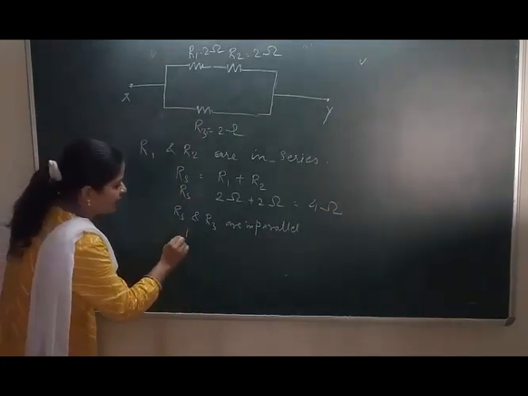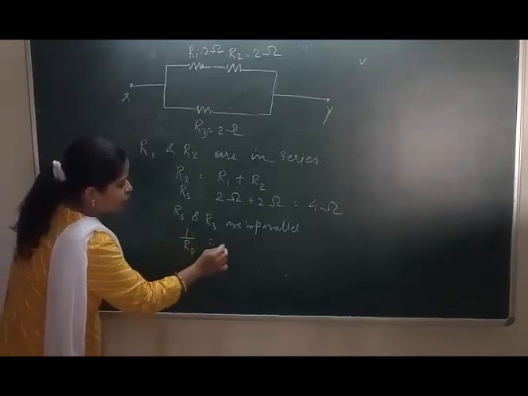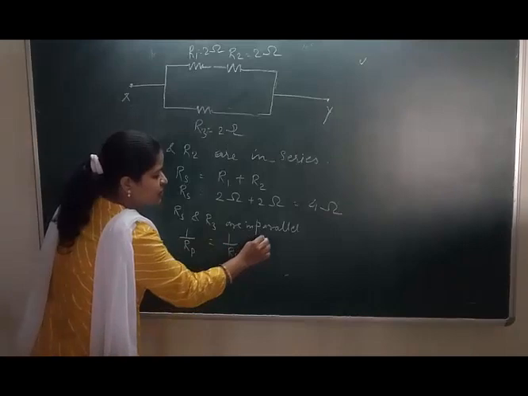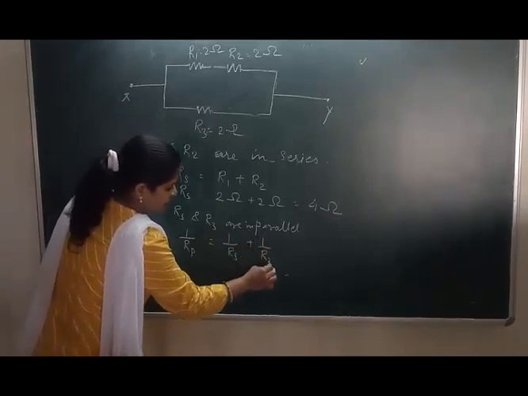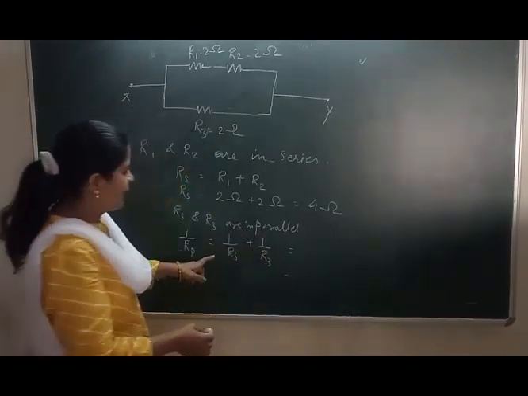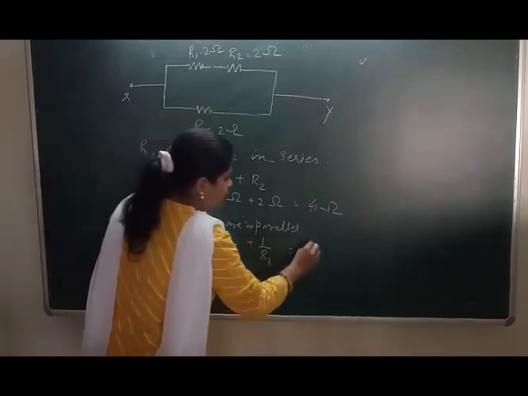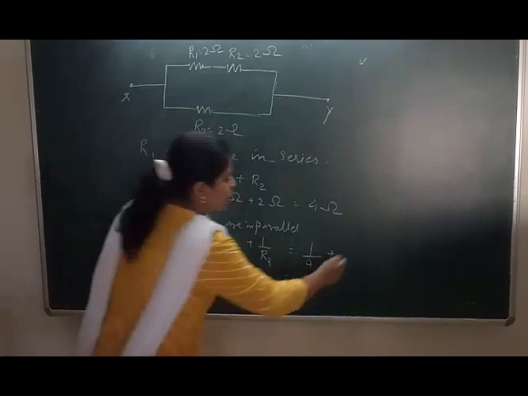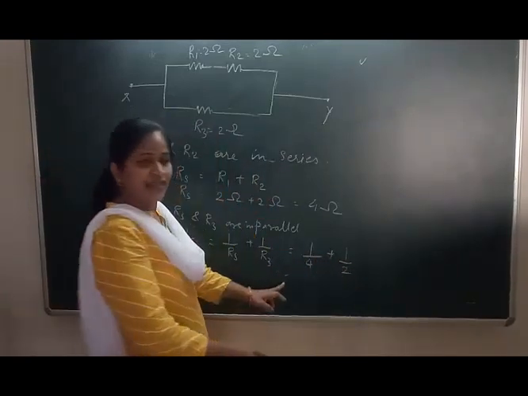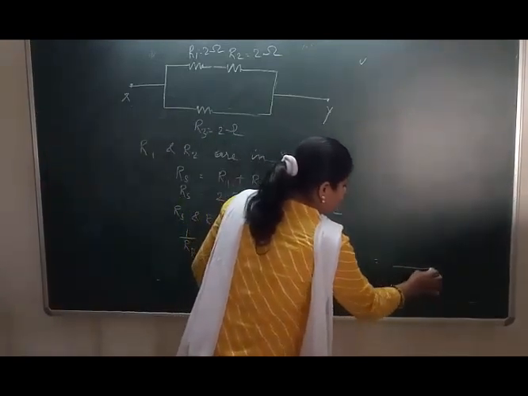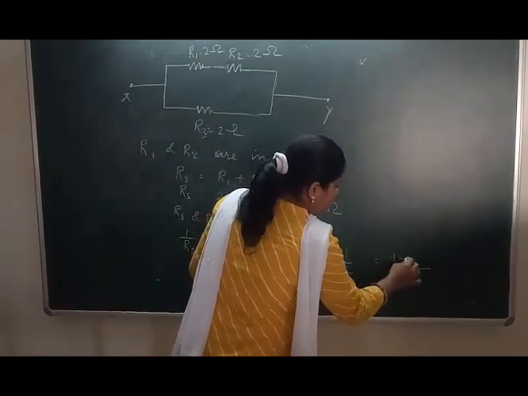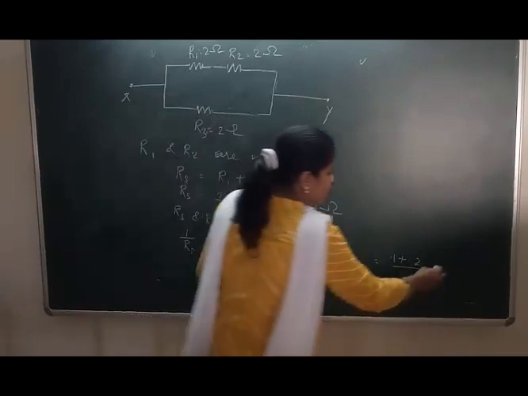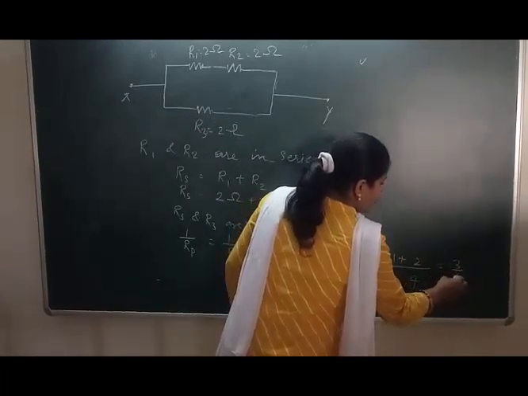So what formula do you get? 1 upon Rp is equal to 1 upon Rs plus 1 upon R3. So what is the value we get for Rs? It is 4 ohm. So just write it down, 1 upon 4 plus 1 upon 2. Taking LCM, we get 4, 1 plus 2, so 1 plus 2 is 3 upon 4.